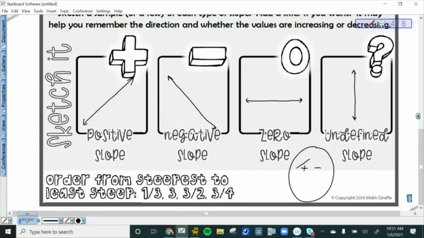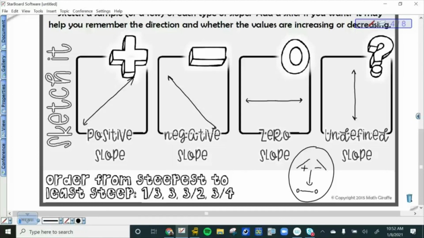Negative slope is going to go down from left to right. Undefined slope is our nose, that's the vertical. And then the zero slope is his sad mouth. Kind of a sad looking guy, isn't he? Whoa, you got vertical.